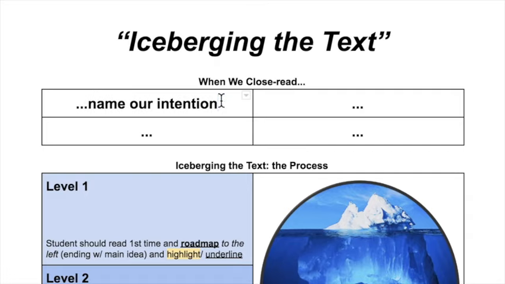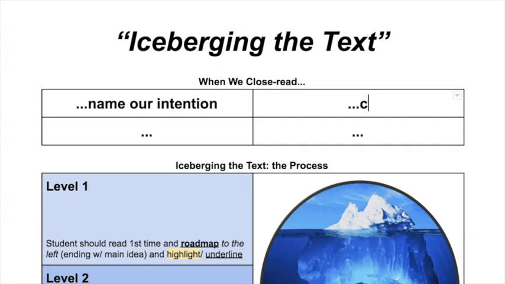What is our goal of reading this text? From a teacher's perspective, you need to know why your class is reading this, but from a student's perspective, you need to have a goal going in. It's not just, oh, I need to read this so I can answer the questions at the end. Why are you reading this? You should be able to name it explicitly. This is an important step, and I'll model this also in a separate video when we go through the full process.